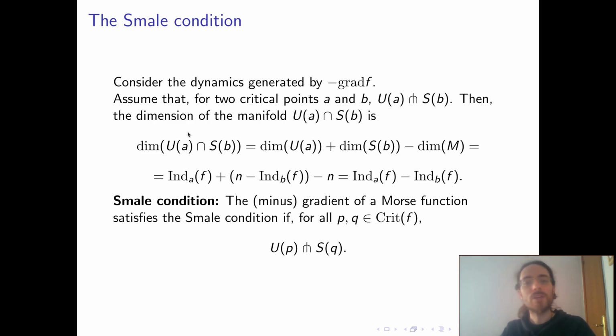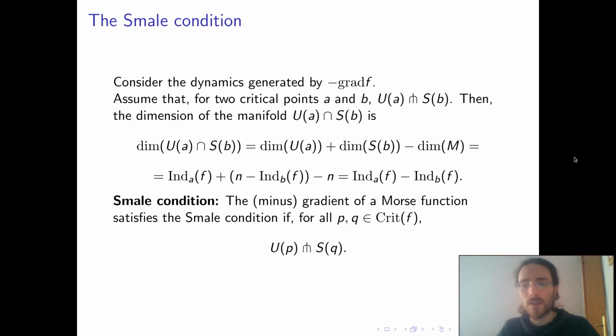So we will be using this, and therefore we want our vector field to satisfy these conditions. We can impose this as a condition in the same way as we impose that F is a Morse function. We can impose its gradient to satisfy this Smale condition, so that all the stable and unstable manifolds intersect transversally.